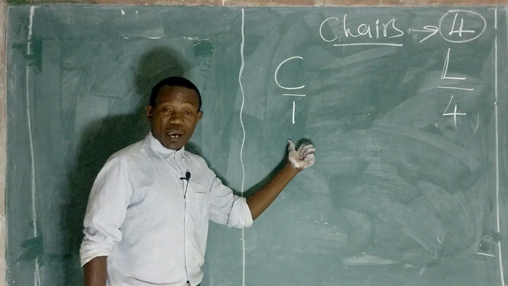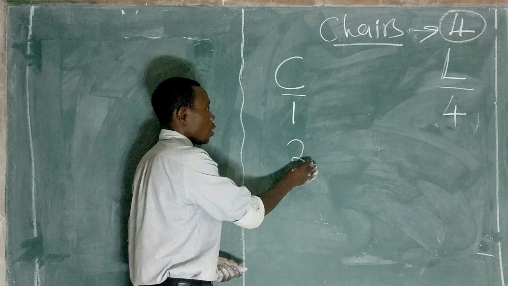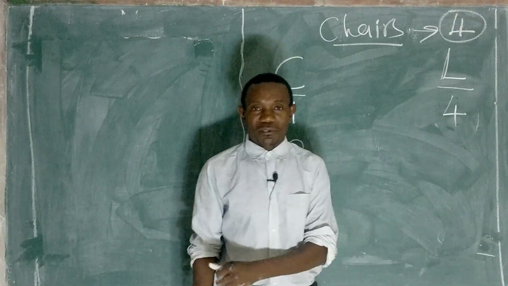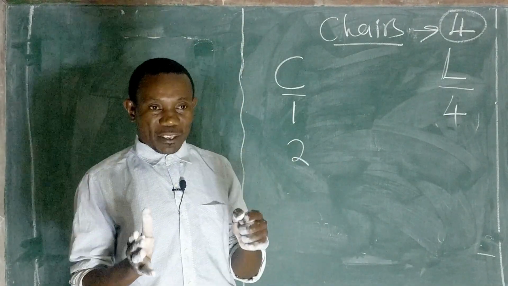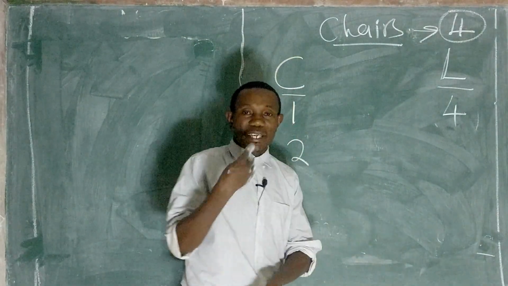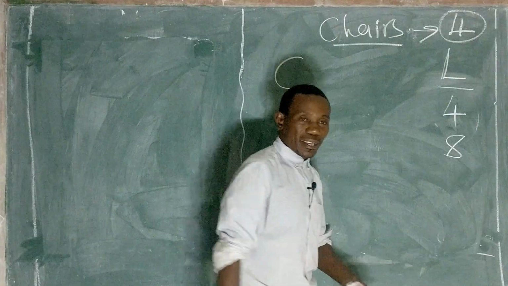What if we increase the number of chairs in that room from 1 to 2? Should we expect that the number of legs will also be 4? I don't think so. We have got 2 chairs. So definitely the number of legs there would be double. Instead of having 4, now we have what? 8.